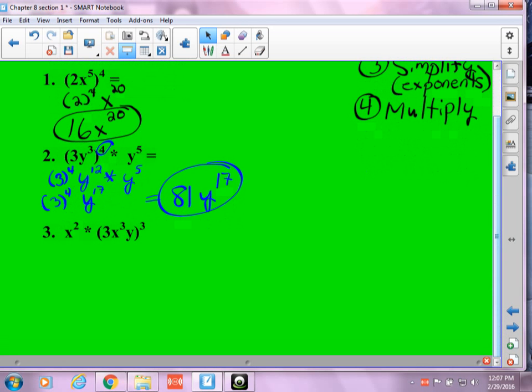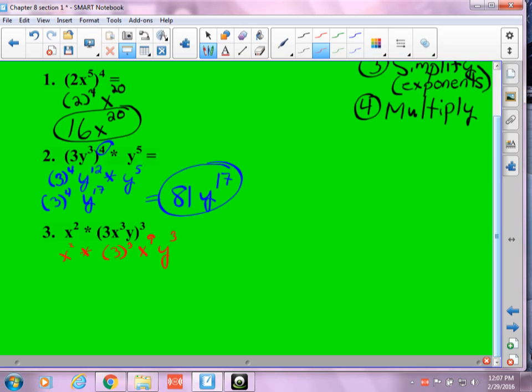Right? It tells me to do what first? I distribute. So I get x squared times 3 to the 3rd, x to the ninth, because 3 times 3 is 9, y to the third.